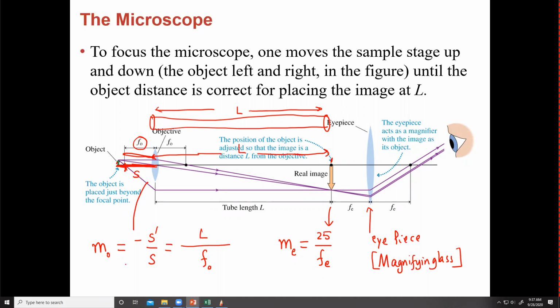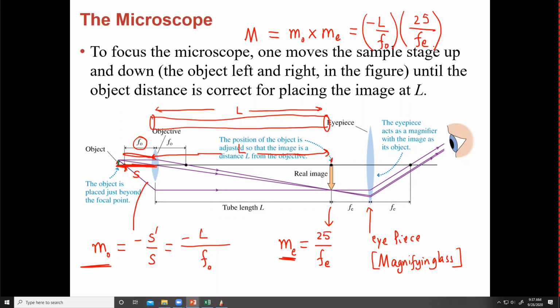So we have this magnification due to the objective, and this magnification due to the eyepiece, and the combined magnification M would be M naught times ME, which, with the minus sign, is minus L over F naught, times 25 over FE.